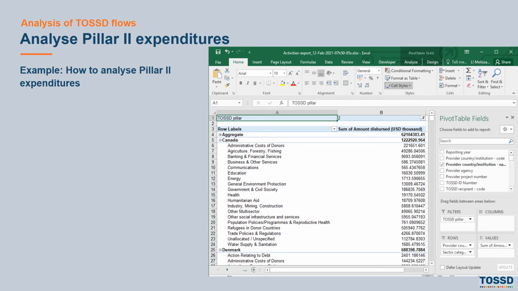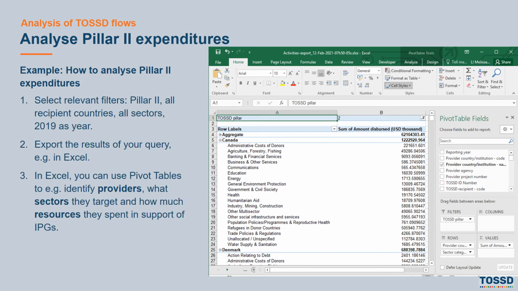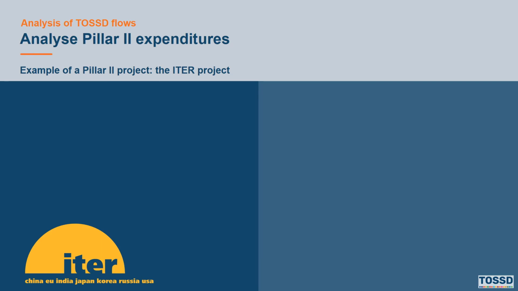After having exported the data of interest and opened it in Excel, it is possible to identify providers, sectors and resources. In this case, it's necessary to filter the activities by TOSSD pillar and then have this information sorted out by Excel.